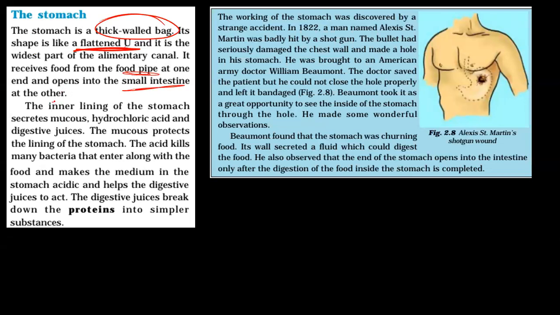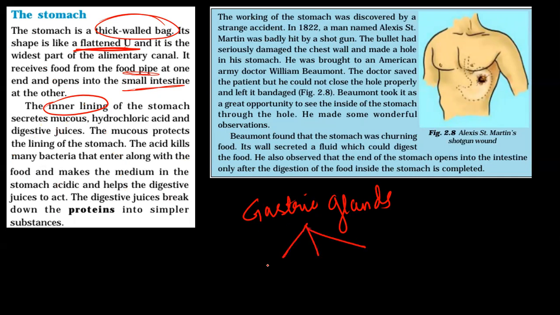Now, the inner lining of the stomach has gastric glands, which secrete gastric juices. So we have another gland here. Now, it secretes three things: mucus, HCl, and also some other digestive juices.